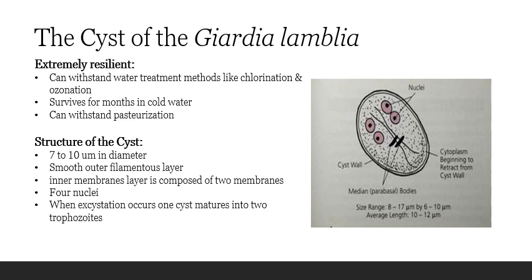It has a smooth outer layer and a double membrane inside here, which you can see. And yeah, I think that's what I had to say about the cyst for now. So let's move on to the next slide.